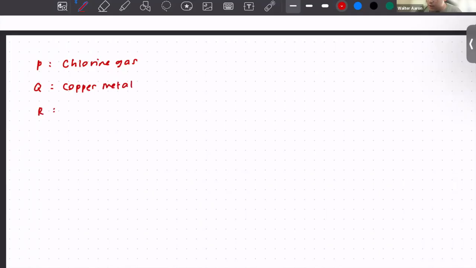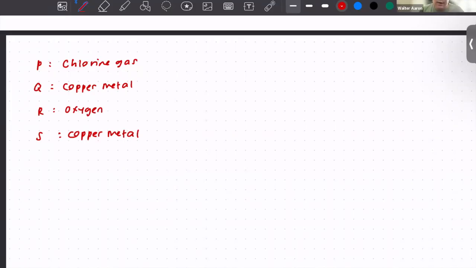R should be oxygen gas because it's colorless. And then S will be copper as well, which is also brown. All right, so chlorine gas, copper metal, oxygen, and copper metal.